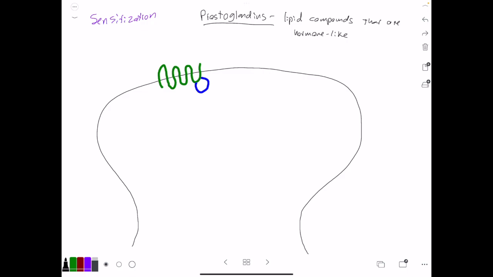And prostaglandins bind to this receptor right here, which is known as the EP receptor. And EP just stands for, not that you need to commit this to memory, the E-type prostanoid receptor.